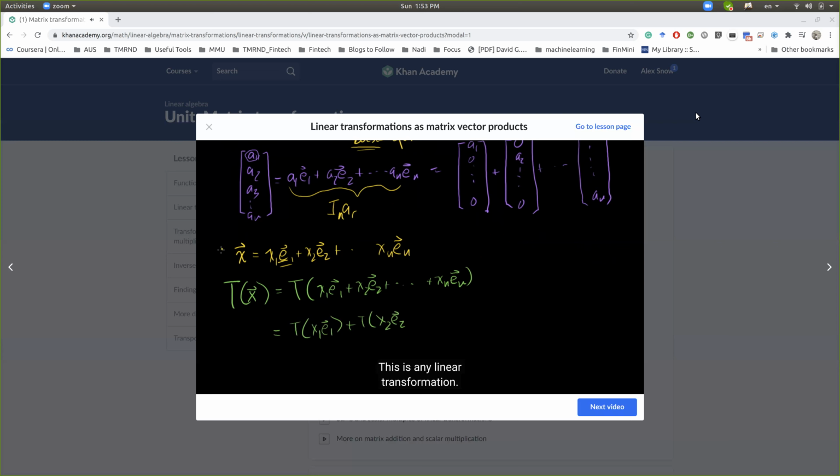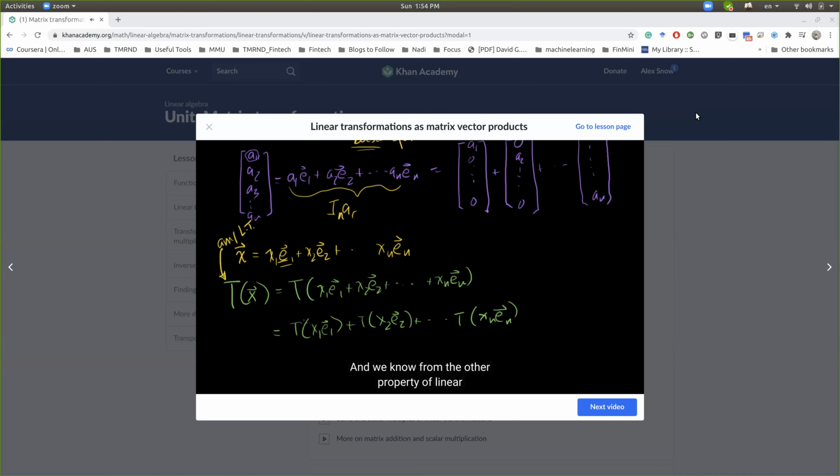This is any linear transformation. By definition, linear transformations have to satisfy these properties. So the transformation of x2 e2 all the way to the transformation of this last entry, the scalar xn times my standard basis vector en.